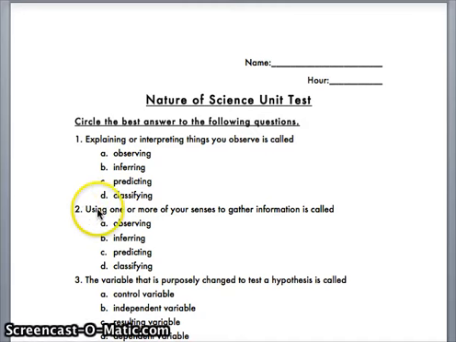Number 2, using one or more of your senses to gather information is called A, observing, B, inferring, C, predicting, D, classifying. Again, pause the video, make your selection, and then press play.